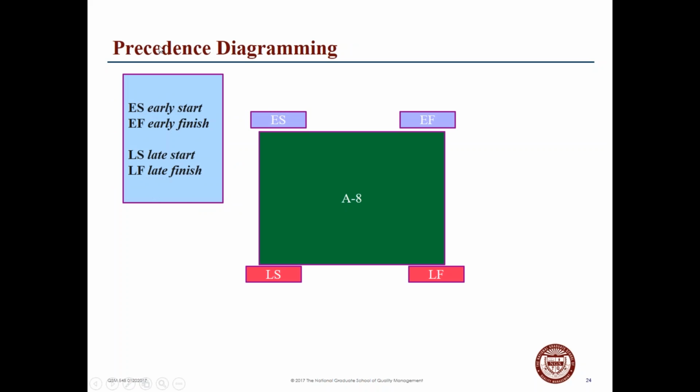So when we look at precedence diagramming, we look at early start or early finish versus the various activities in late start, late finish. So the ES is the early start, the EF is the early finish, LS is late start, and LF is late finish.